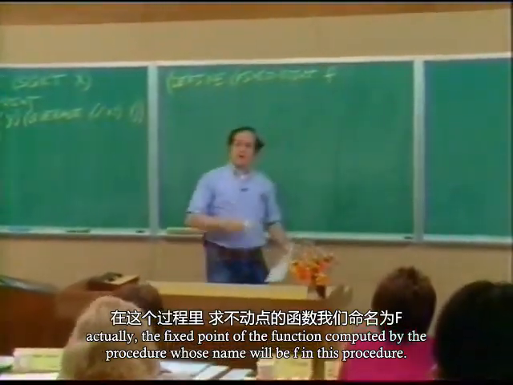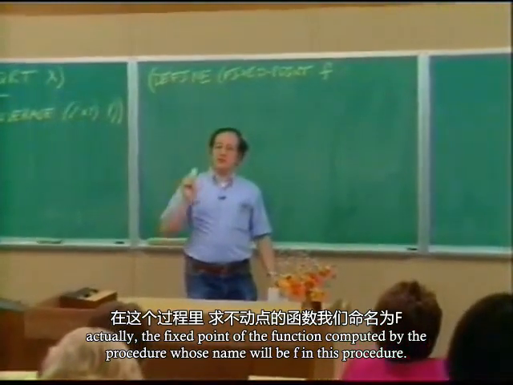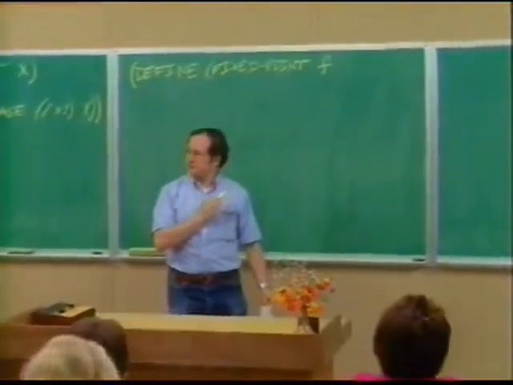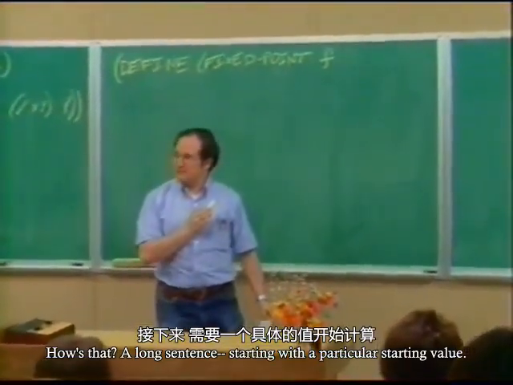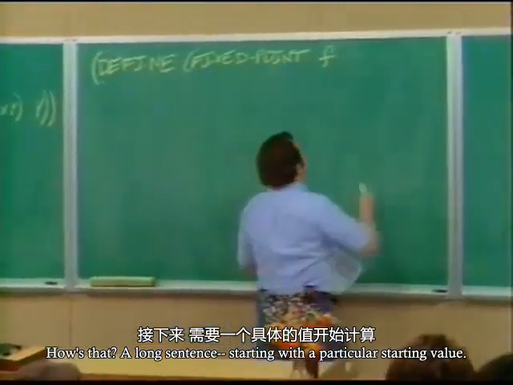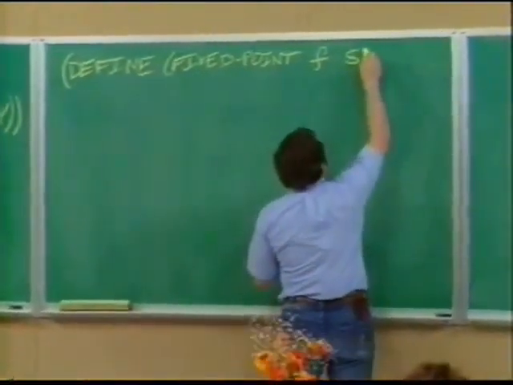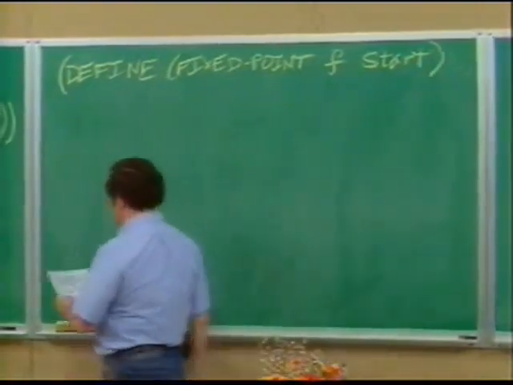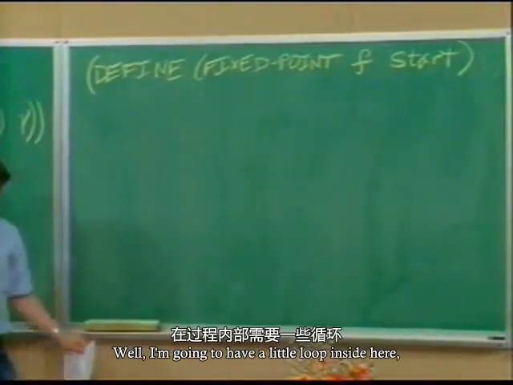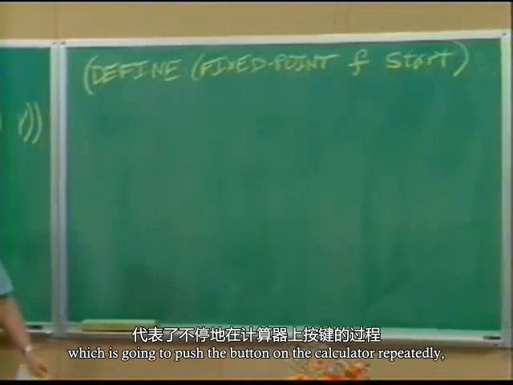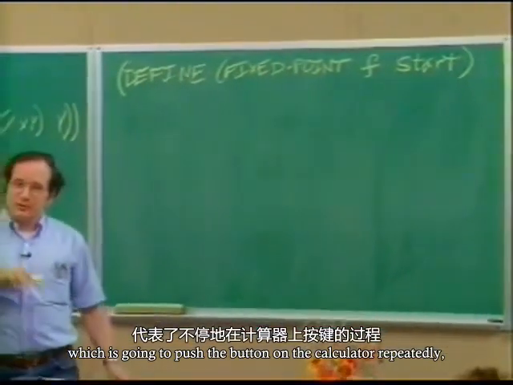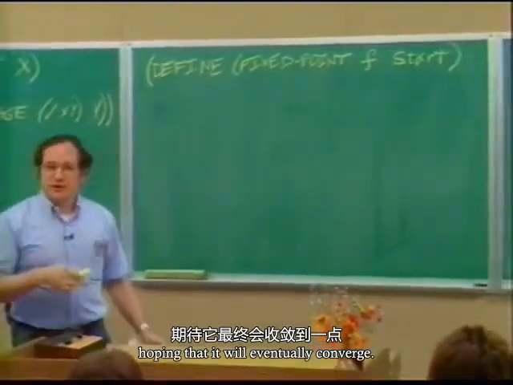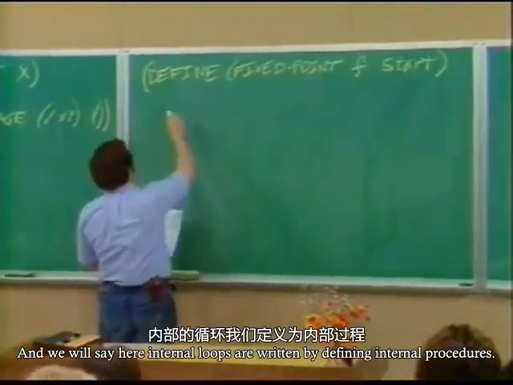Actually, the fixed point of the function computed by the procedure whose name will be f in this procedure. Long sentence. Starting with a particular starting value. Okay. Well, I'm going to have a little loop inside here, which is going to push the button on the calculator repeatedly, hoping that it will eventually converge.